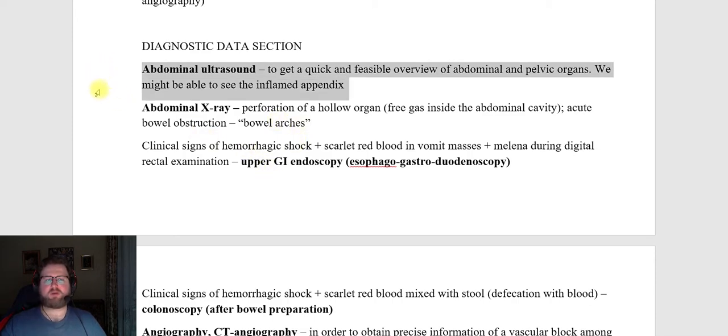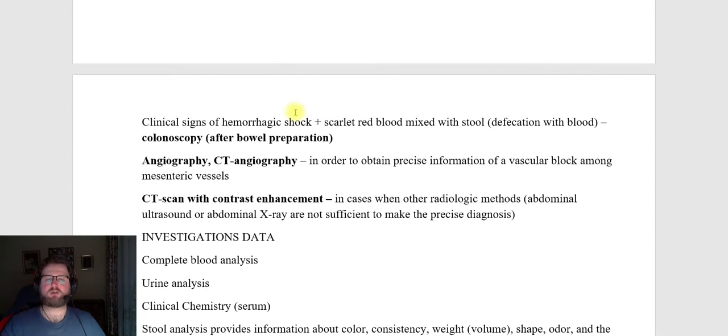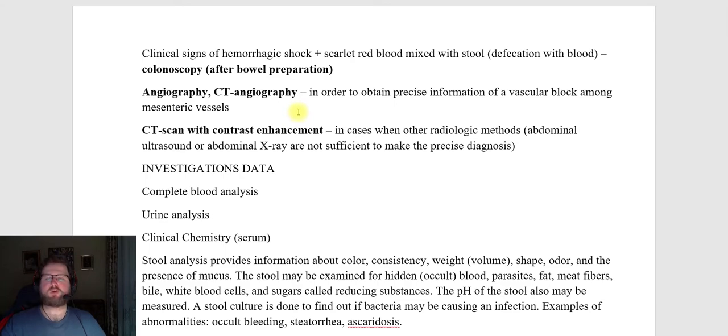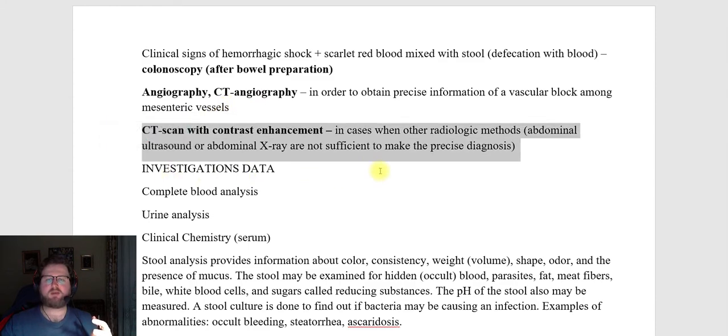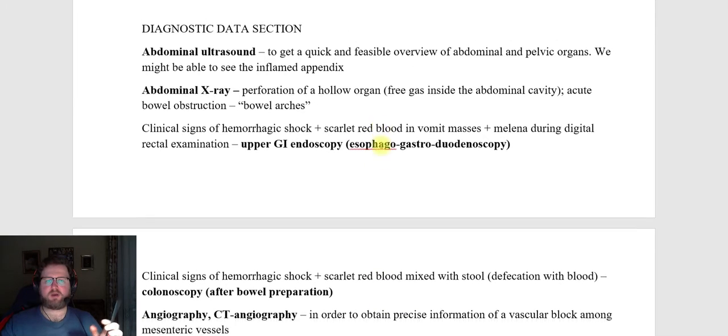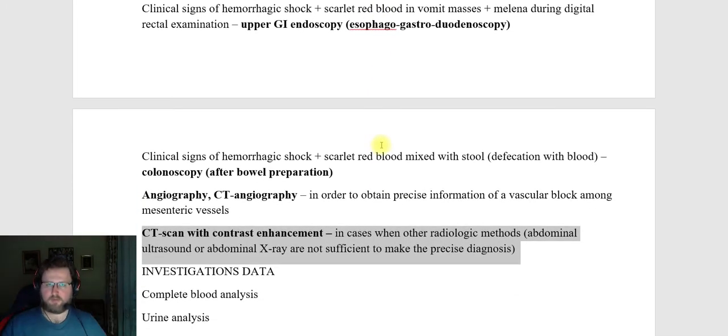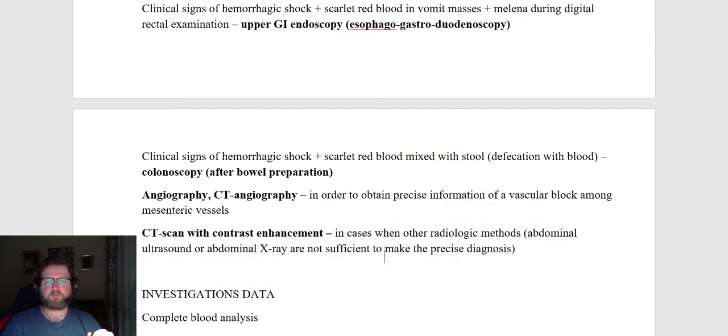But, as we've previously mentioned, if these two radiologic methods, or one or the other, or their combination, are not enough for you, if you can't make a clear statement out of this diagnostic data, then it gives you the right to switch to a CT scan. So that's it for the abdominal parts of the diagnostic procedure.